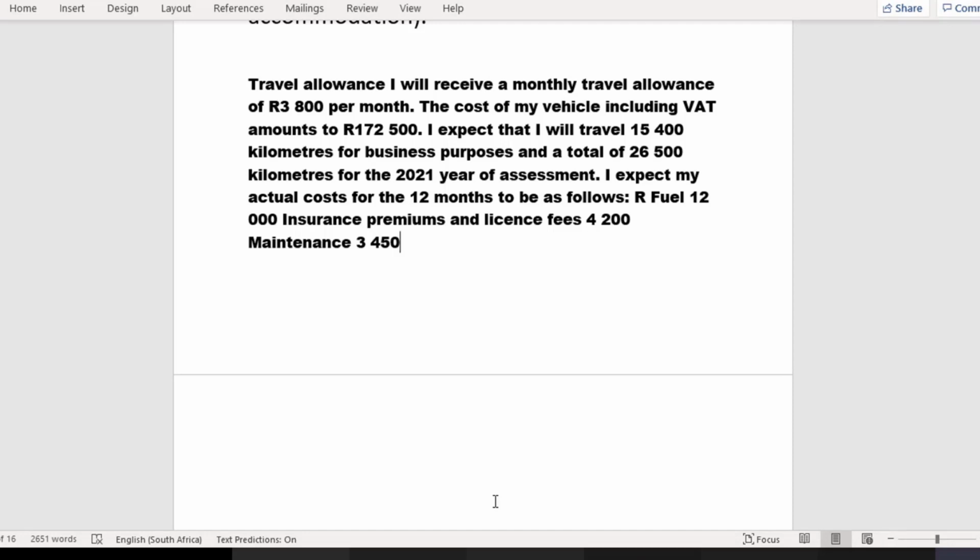I accept that I will travel 15,420 kilometers for business purposes, and a total of 26,500 kilometers for the 2021 year of assessment. I expect my actual cost for 12 months to be as follows. The fuel will be 12,000 Rand. Insurance premiums and license fees are 4,200. And the maintenance is 2,400 Rand.